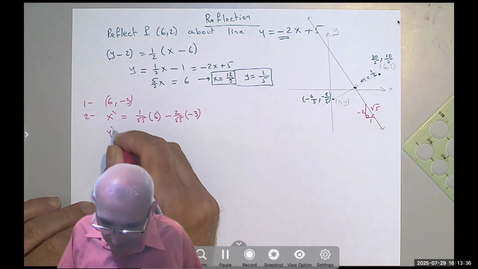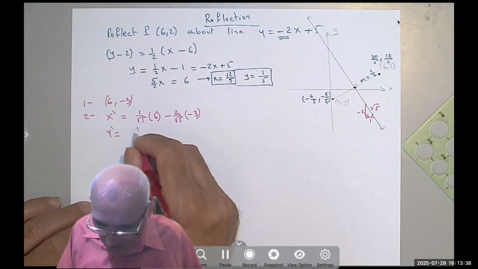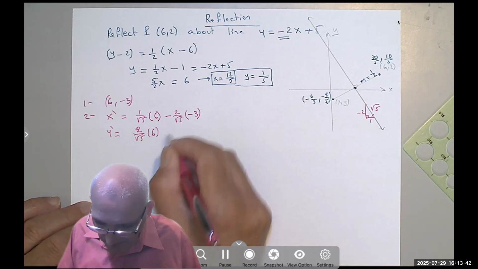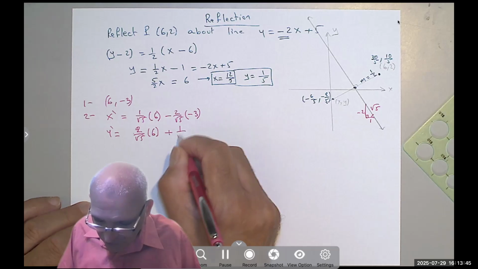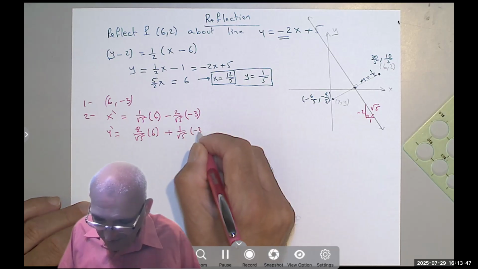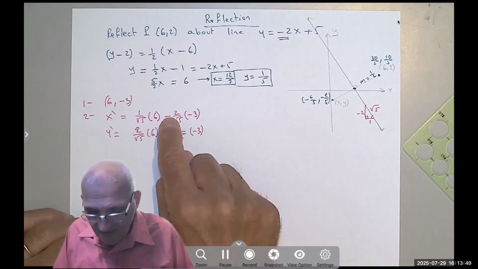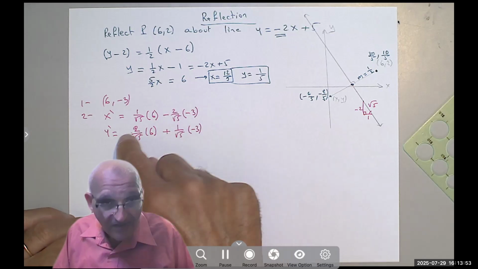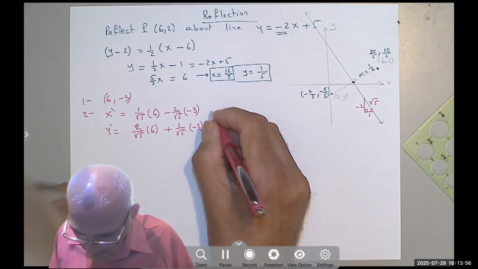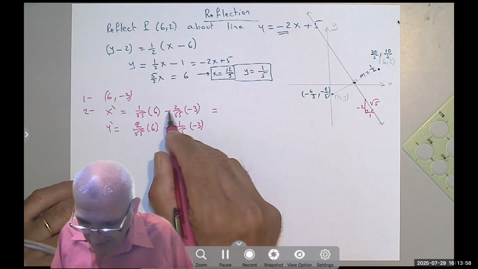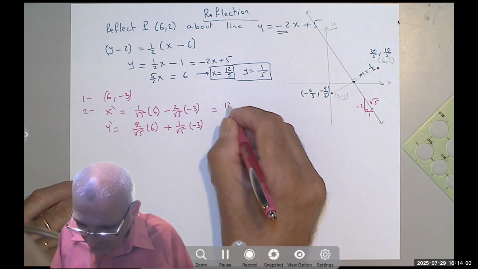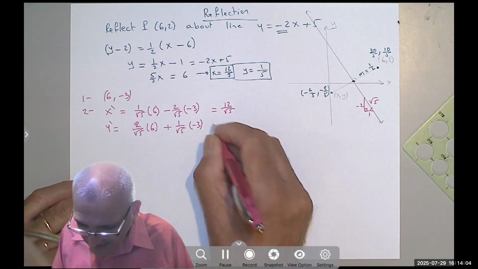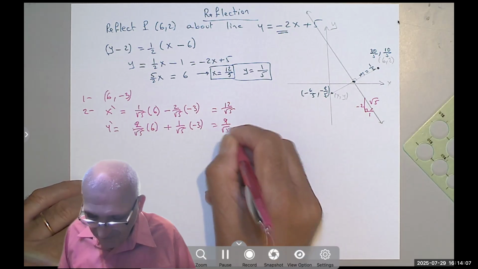And the y prime would be 2 over root 5 times 6 plus 1 over root 5 times negative 3. Notice the negative is here. When we rotate clockwise, these two change, so that would be positive and that would be negative. So 6 plus 6 is 12 over root 5. And this is 12 minus 3, which is 9 over root 5.